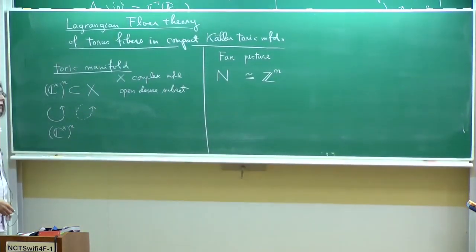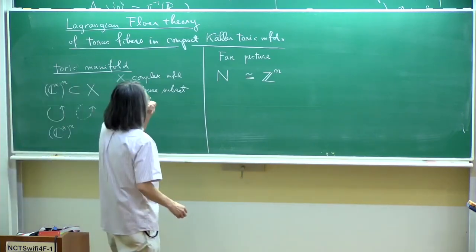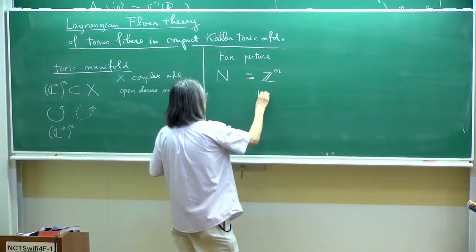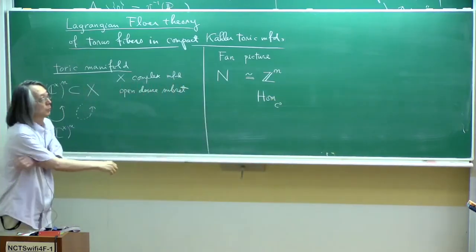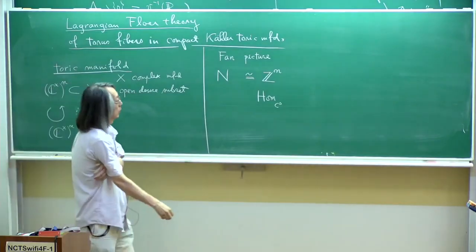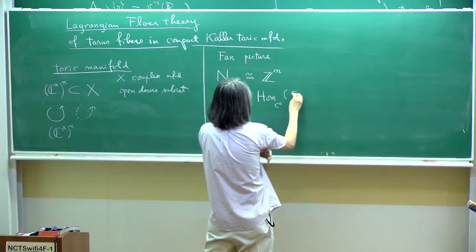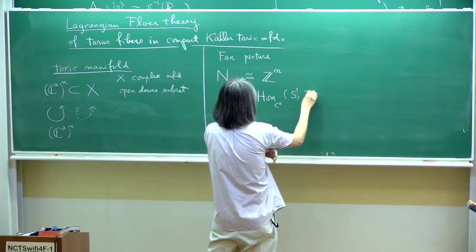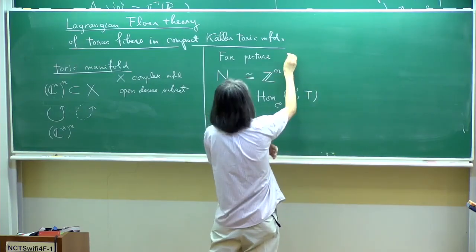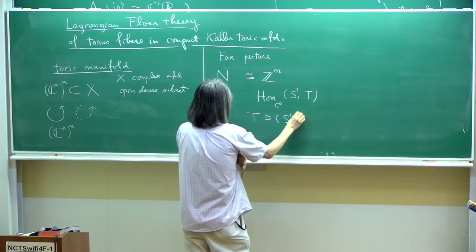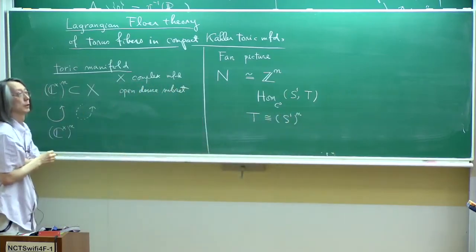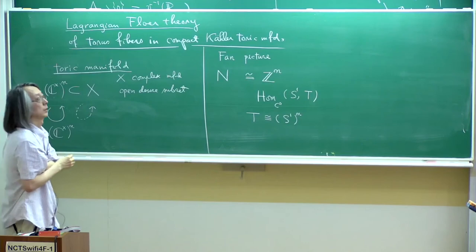And maybe it is better to think of it as the space of continuous homomorphisms from S1 to T, where T is an n-dimensional torus.